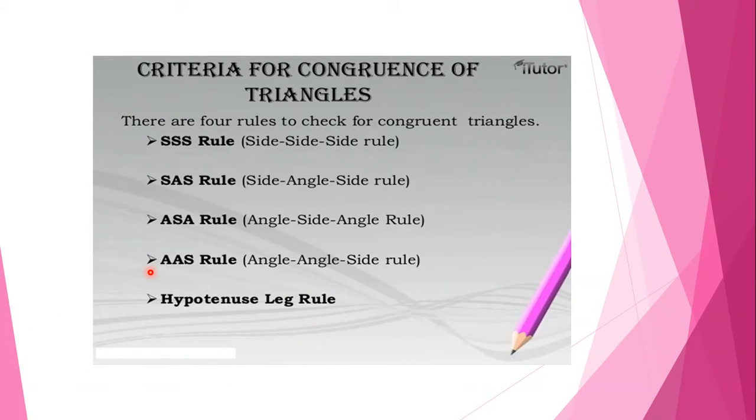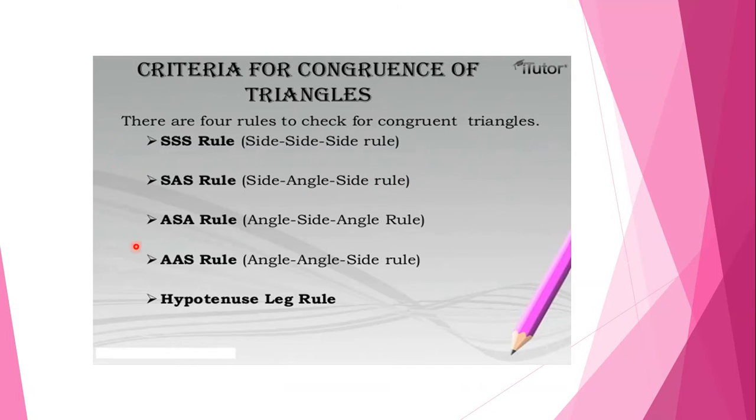Then we have the criteria for congruency of triangles. There are rules to check whether they are congruent triangles or not. SSS, that means side, side, side rule. SAS, side, angle, side rule.